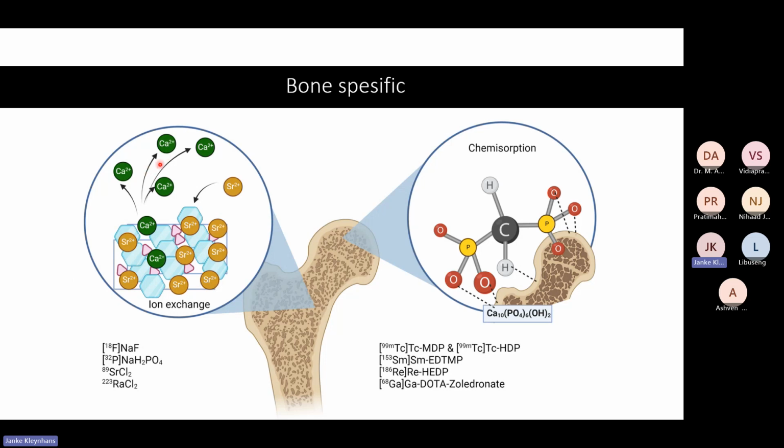Or your calcium can be exchanged with a 2+ ion from all of these other groups, like your strontium-89 and your radium-223. Okay. So it's an ion exchange mechanism. On the other hand, you have a more loose mechanism, which is chemisorption. So it's literally sticking onto the open calcium crystals or the hydroxyapatite on the bone.